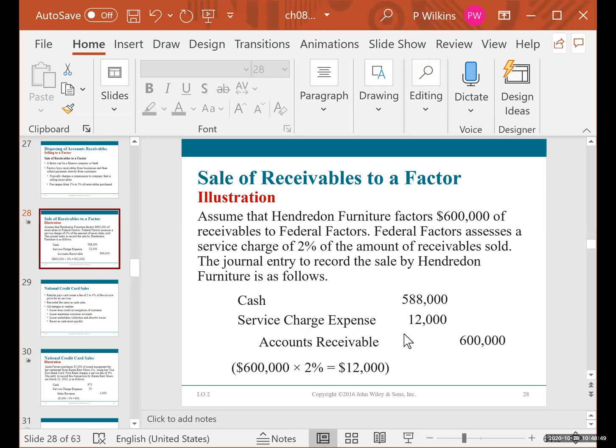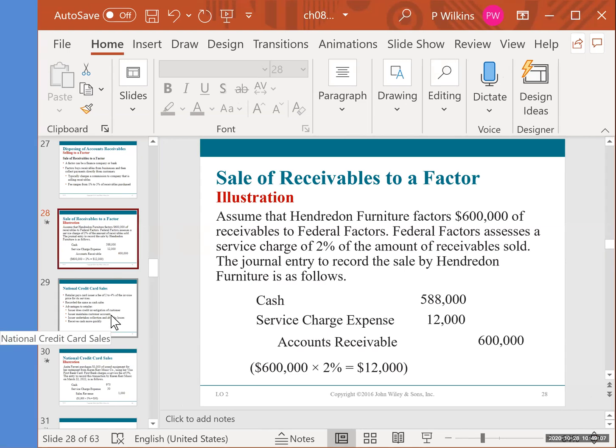So this is actually cheaper for the company to do this. And now they've passed on that debt or that receivable to somebody else. And now that other company is going to collect from the customers and they don't have to worry about it anymore. So you will not be doing that in any problems, but it's just information for you to be aware of when we're looking at accounts receivable.